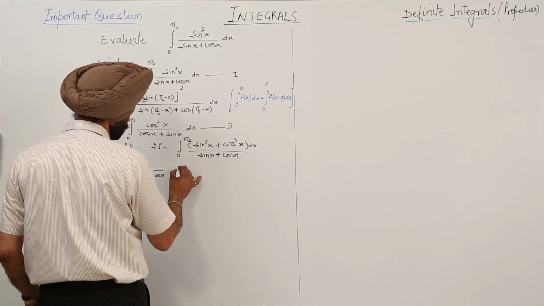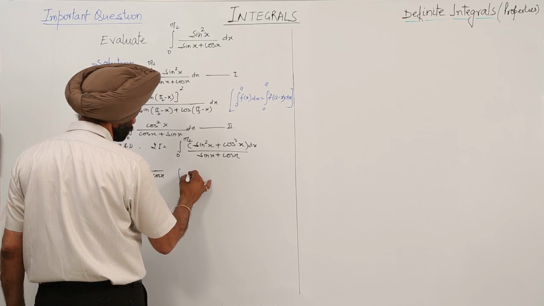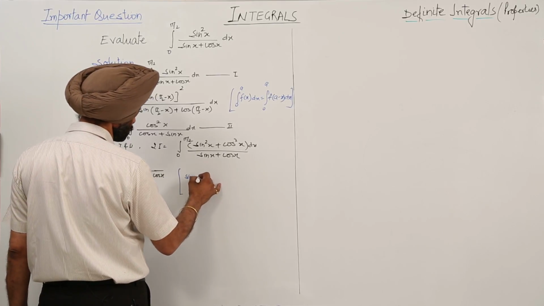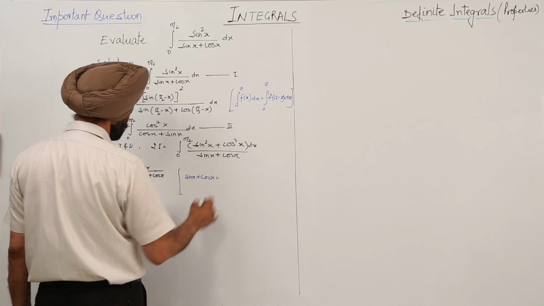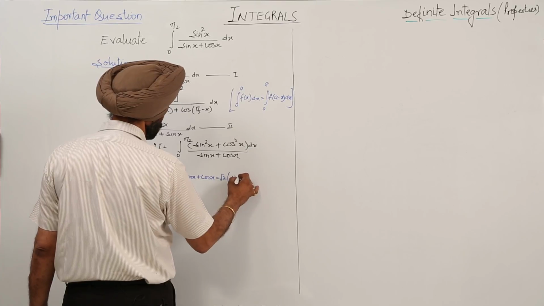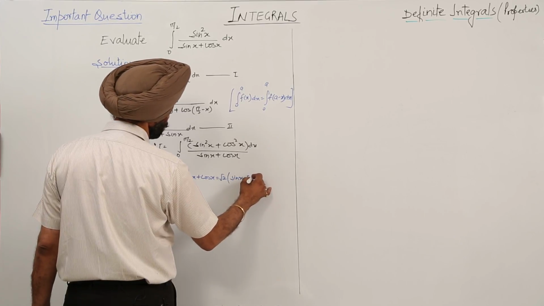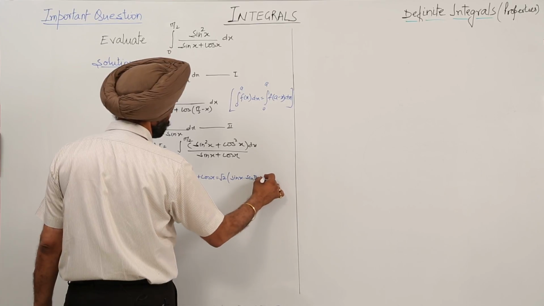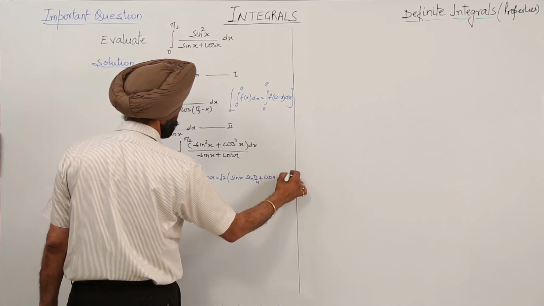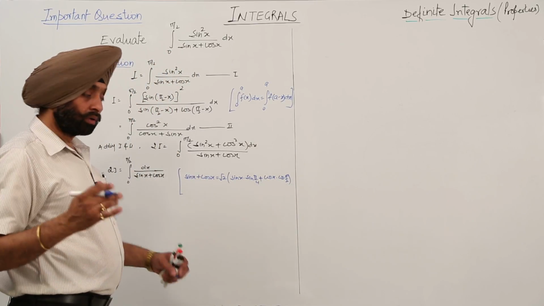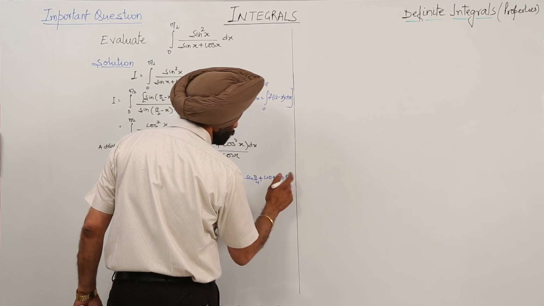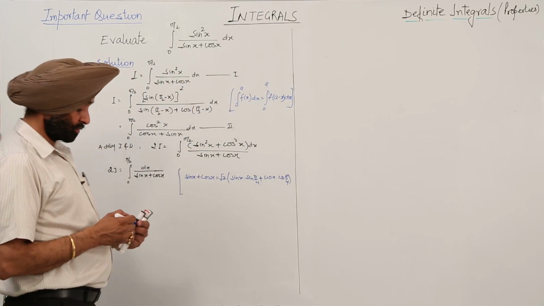Now sin x plus cos x can be written as root 2 times sin x with sin pi by 4 plus cos x with cos pi by 4, or you can write it here cos pi by 4 and here sin pi by 4, one and the same thing, because only the formula will be changed.